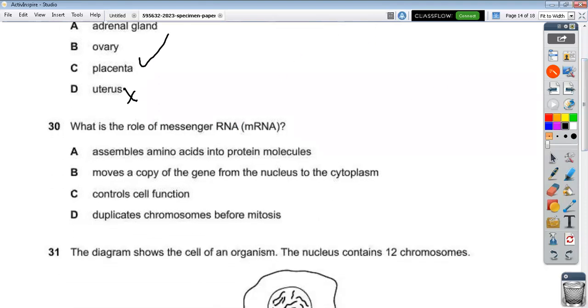What is the role of mRNA, the message carrier? What is its role? You said what? B or D?